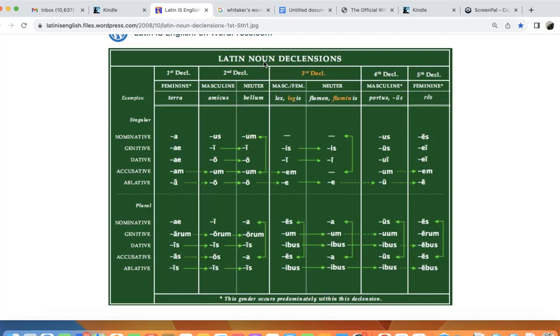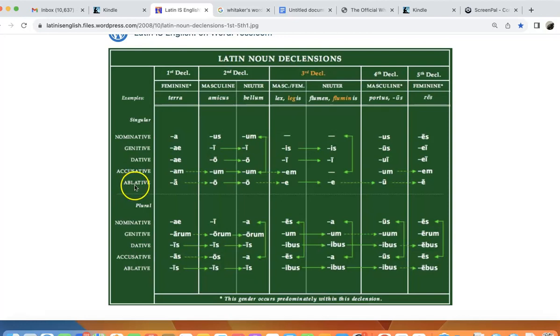Because it ends in T, so that makes it third person singular in the present tense. Nouns have declensions or parts of speech. So as we'll see, the nominative is the subject, the genitive is the possessive, the dative is the indirect object, the accusative is the direct object, and the ablative often is a kind of adverbial expression describing how. It's often used with a number of prepositional phrases.